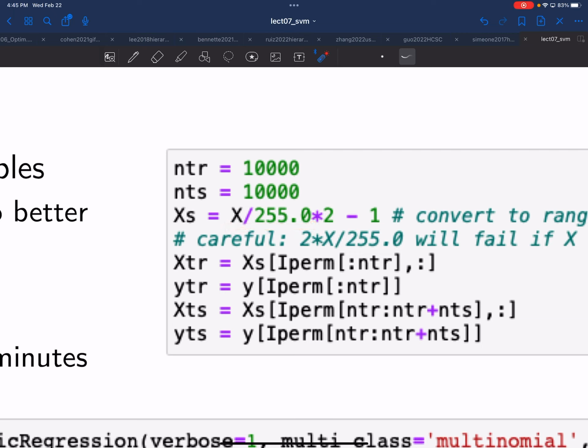If you leave this out, I can't remember exactly what happens, but there are cases where you can get into trouble with integer and integer divisions. It quantizes things in strange ways, and you don't get what you think you're going to get. So in NumPy, it's important to distinguish integers like 255 from floating point numbers like 255.0.